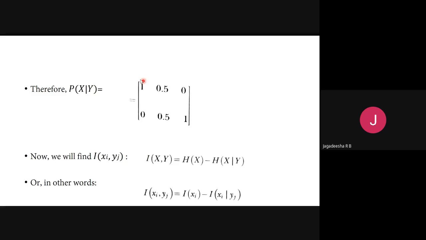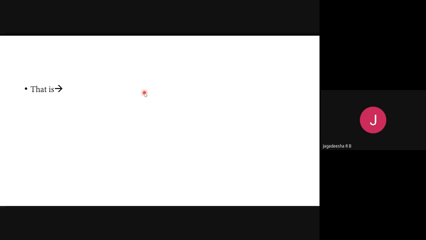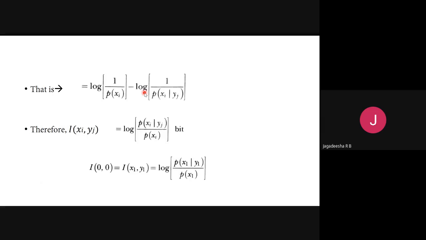Right now we have x1 y1, and that's what is being substituted here. P(x1|y1) is 1, and this is the input, given in the question: the probability of x1 is equal to the probability of x2, which is 0.5. We can see the graph that was given in the first part of the question. So from there we get P(x1) as 0.5. So it's basically log 2, so you get a value of 1 bit.